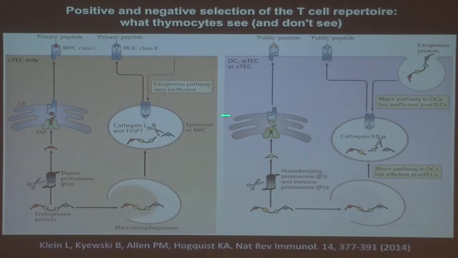A similar case is class 2, a similar story, but in this case different cathepsins are involved in the production of class 2 peptides for cTEC only. So this is a general aspect of immunity, not only for CD8 T-cell production but also CD4 T-cell production.